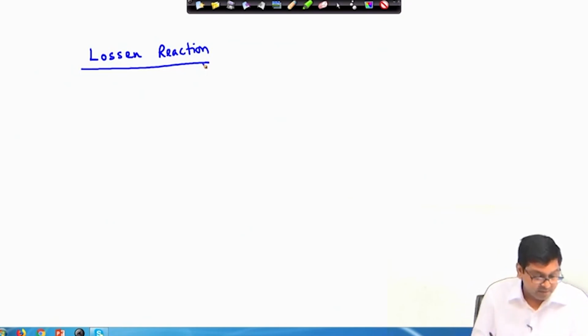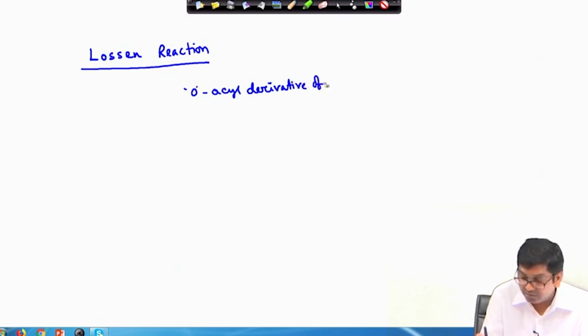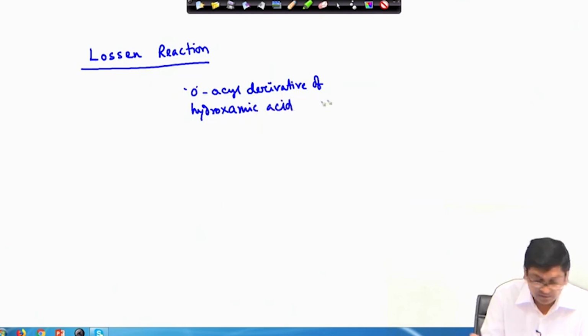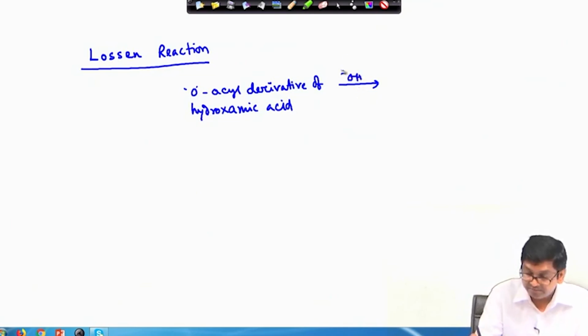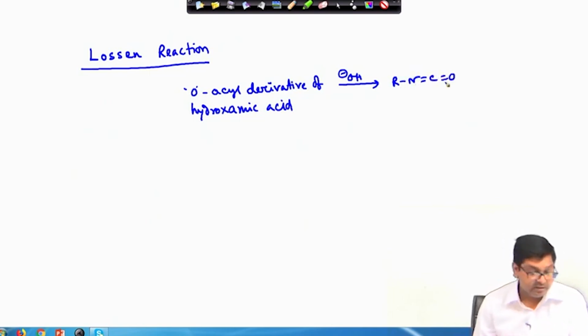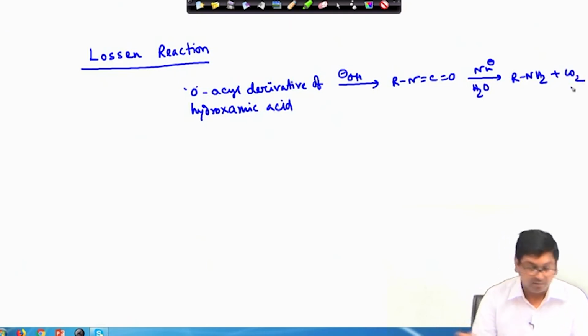So, as for example here, if we take this O-acyl derivative of hydroxamic acid, in presence of base it will give the corresponding isocyanate through this 1,2 migration, and finally in presence of various nucleophiles like water here, this will give the amine plus carbon dioxide.